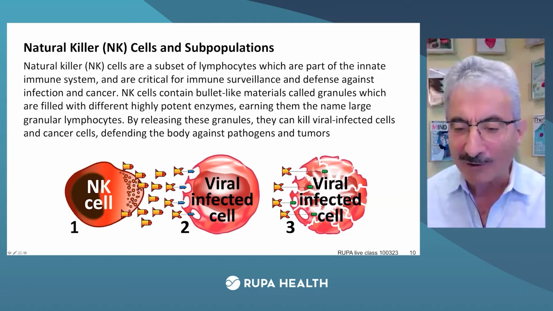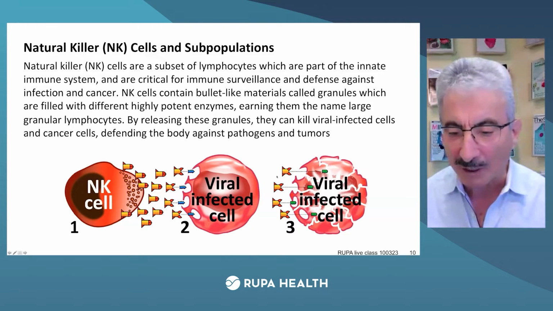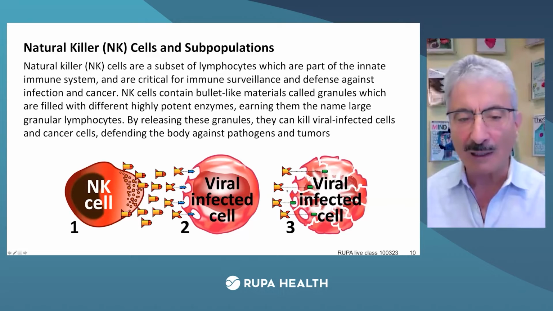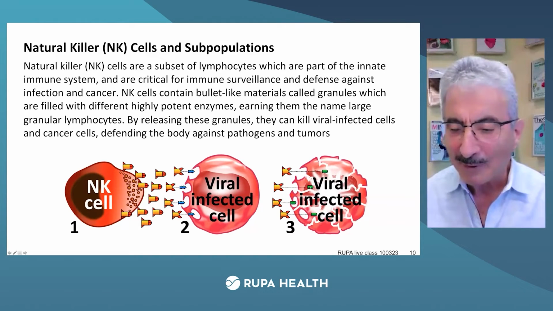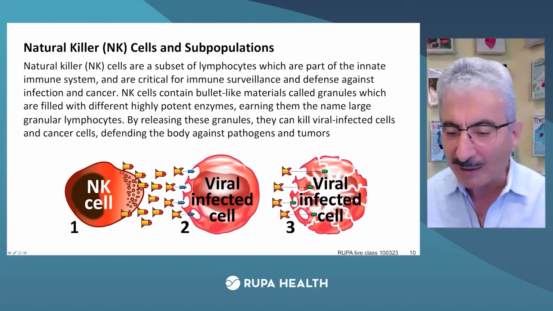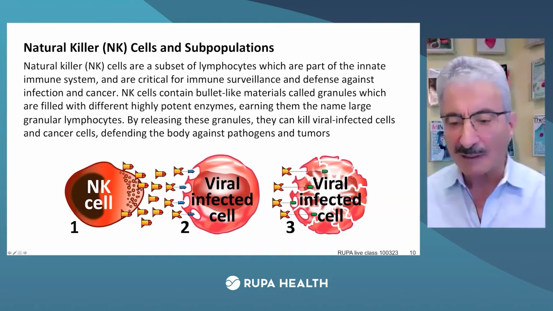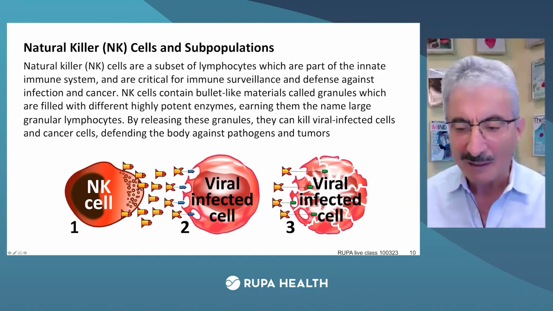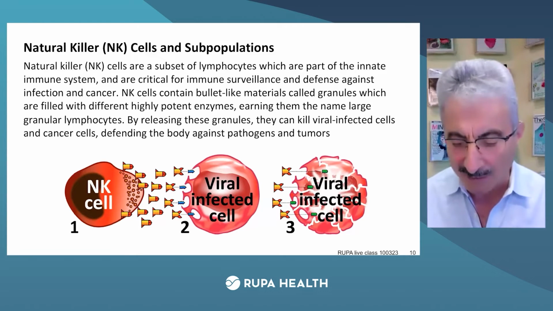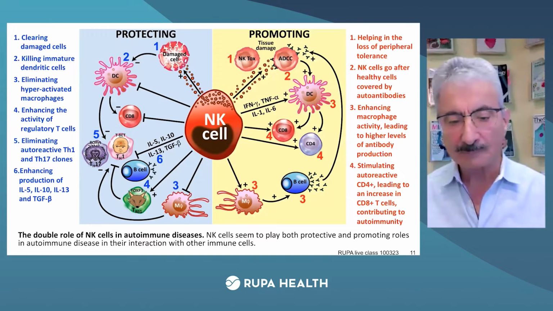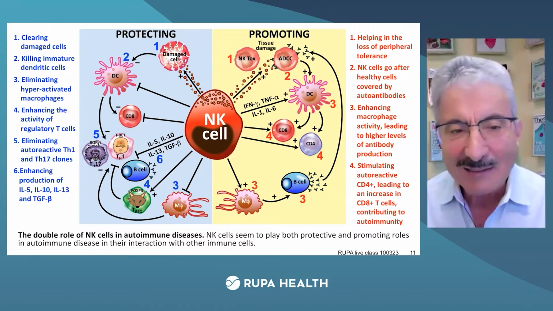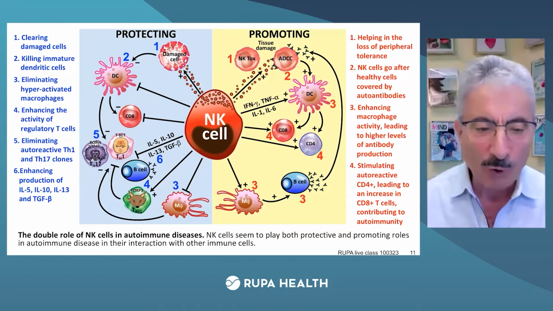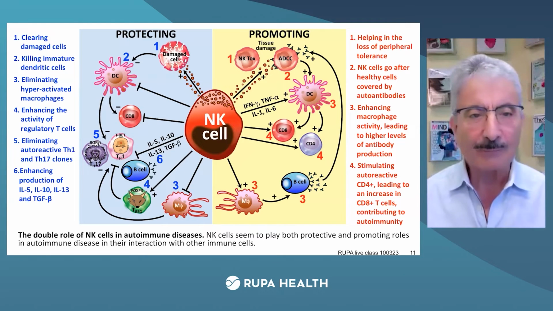By releasing these missile-like, bullet-like materials called granzymes, which can break the membrane of viral infected cells and cancer cells, and within seconds can destroy viral infected cells and tumor cells. But as with everything else, balance is the most important thing in the immune system.